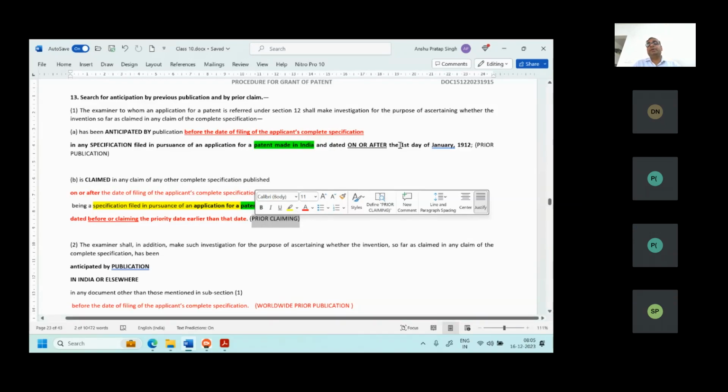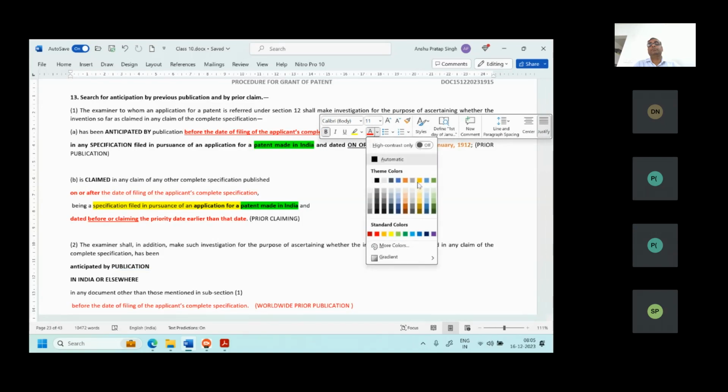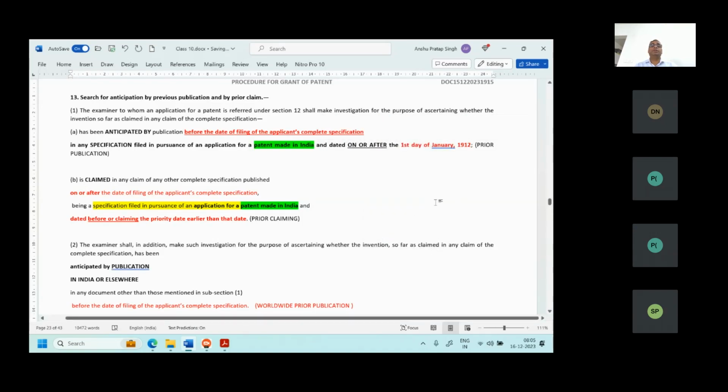Okay. Why this magical date? Any idea? Any clue? Why 1st January 1912?